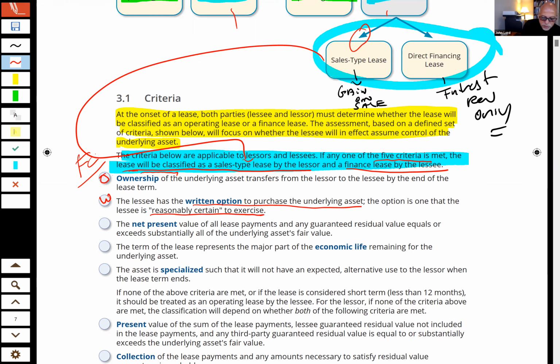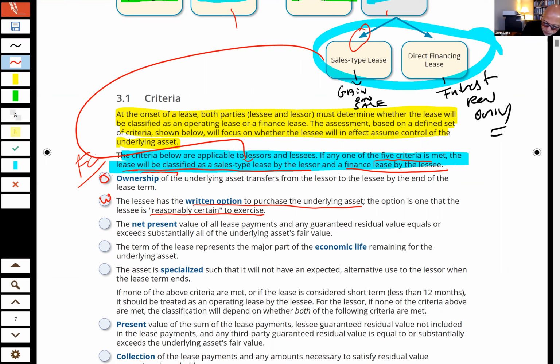Basically, the problem will either tell you that it's reasonably certain that they'll exercise it, or the exercise price will be below what they anticipate the fair value of the asset to be. So obviously you're going to exercise that because then you can purchase it for that amount and then sell it for a higher amount and get some money back on that. It's reasonably certain that you'll exercise it.